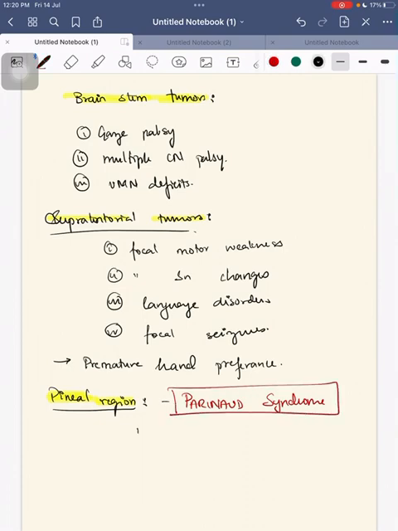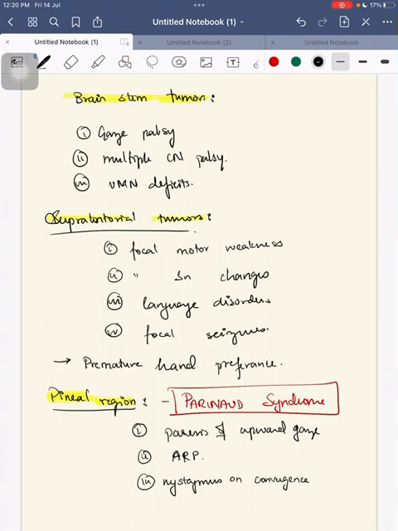The features here can be: the child will have paresis of upward gaze; second, the child can have Argyll-Robertson pupil, that is accommodation reflex will be present, light reflex will be absent; then the child can have nystagmus on convergence.